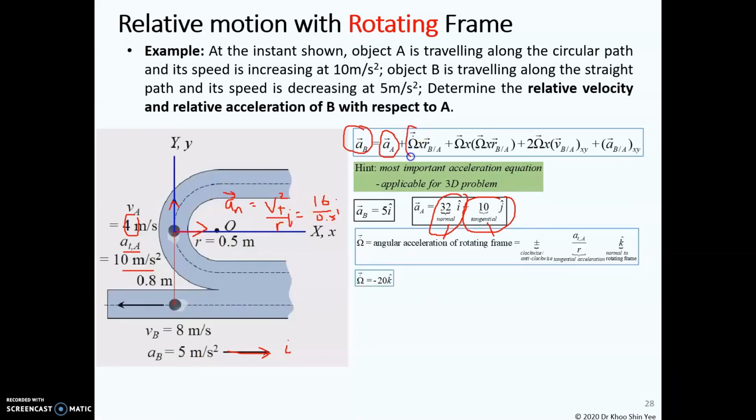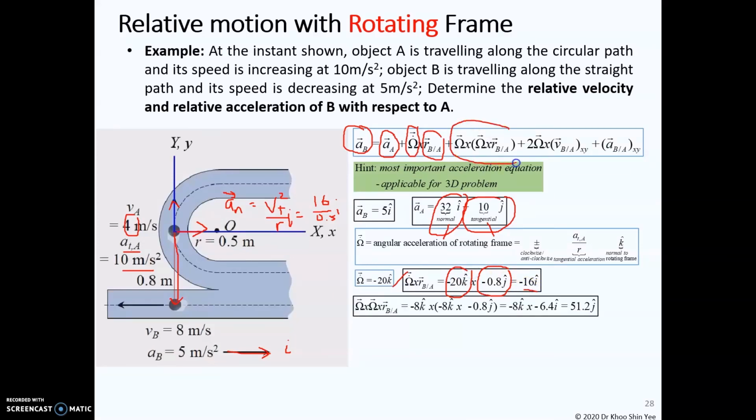We obtained Ω dot previously, which is equal to negative 20k. r_B/A is the displacement of point B with respect to A. This vector is equal to 0.8 in the negative j direction, so you have negative 0.8j. Take the cross product of Ω dot with this, and you should obtain this answer.